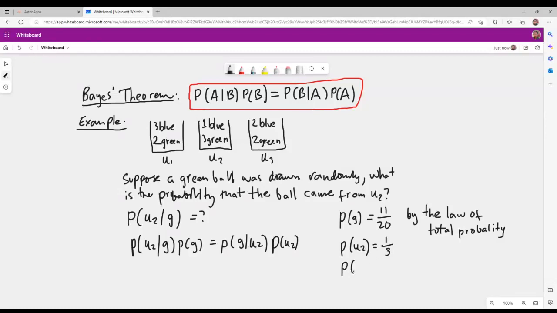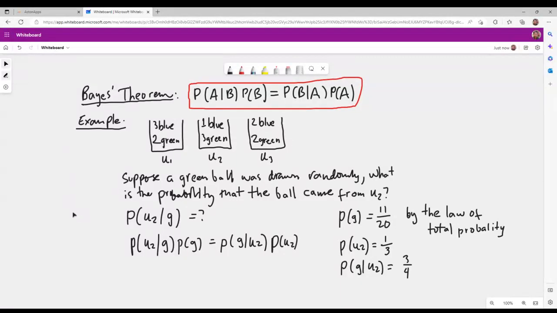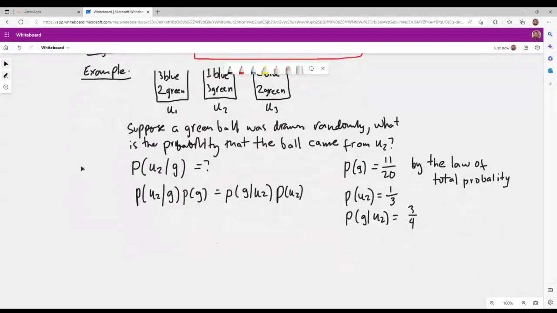And the probability of picking a green ball from urn 2, clearly from the illustration that we have at the beginning of this example, is 3 over 4. And so with this information, we now will be able to answer the question.